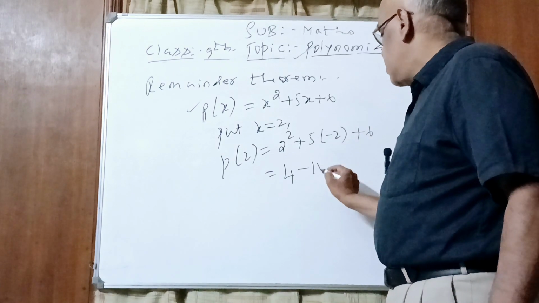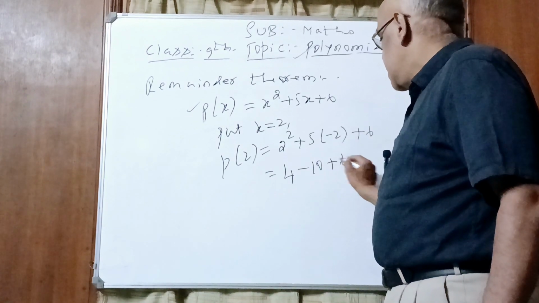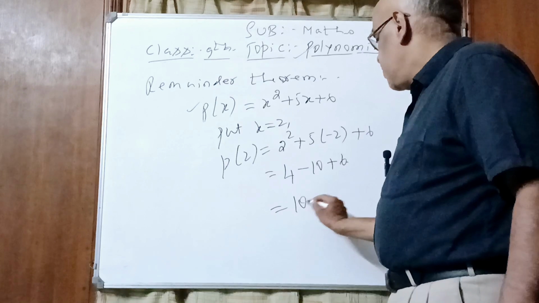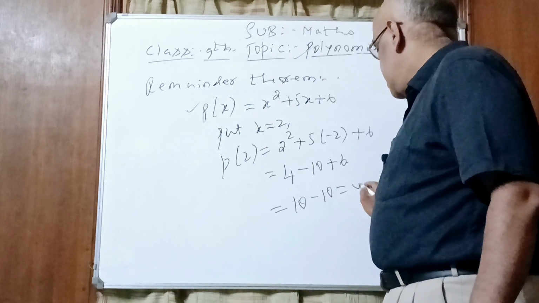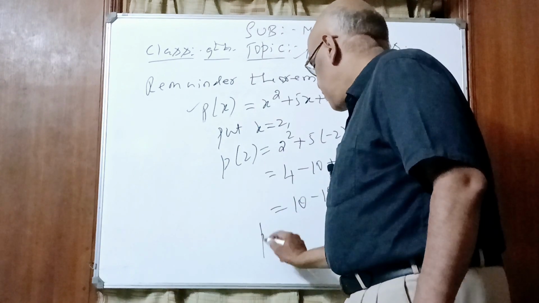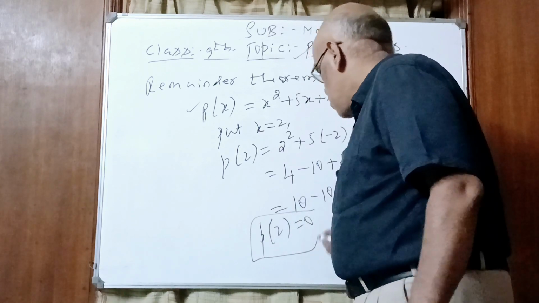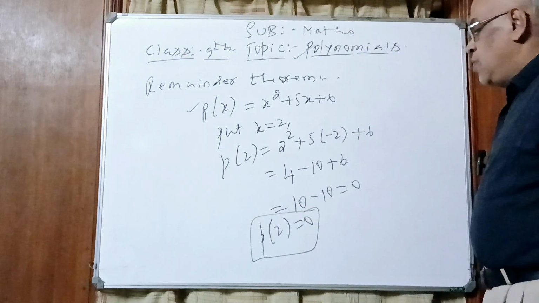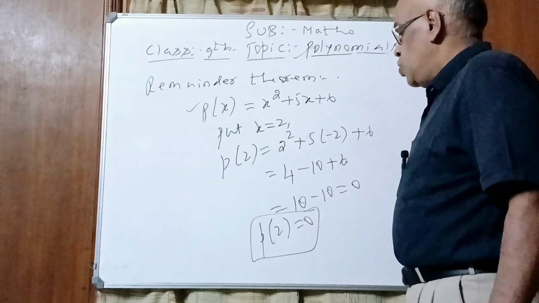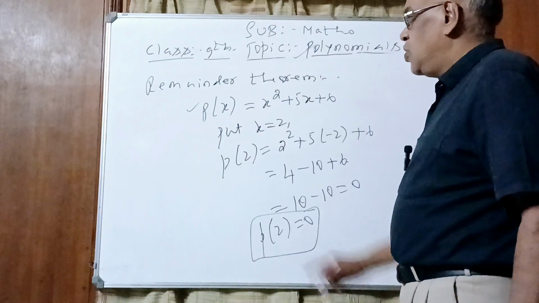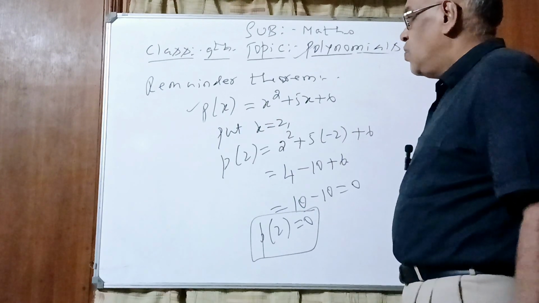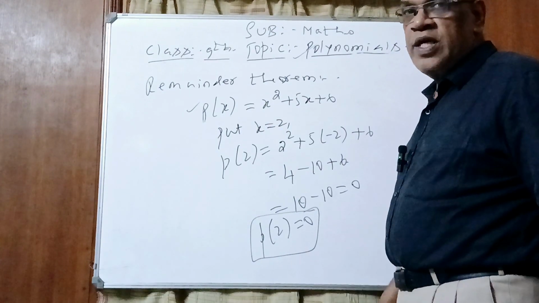Plus 10 plus 6. 6 plus 4, 10. What is 10 minus 10? 0. What is p of 2, children? So p of 2 is 0. I am substituting 2 here. What do we get? P of 2 is 0.